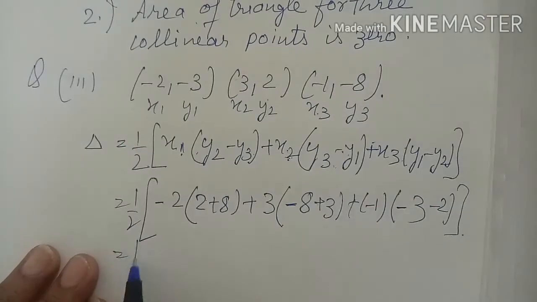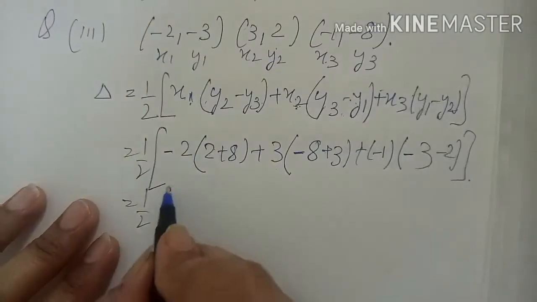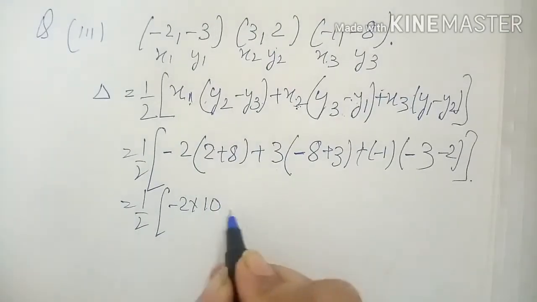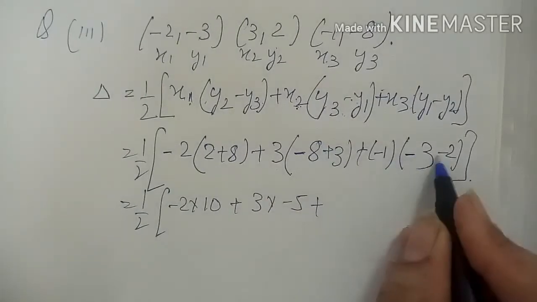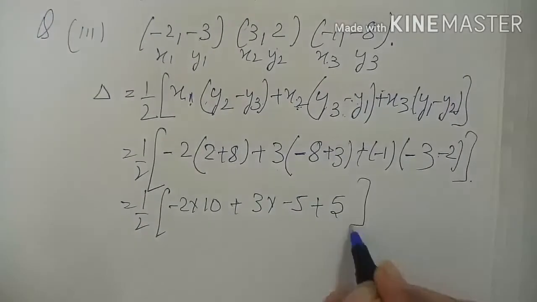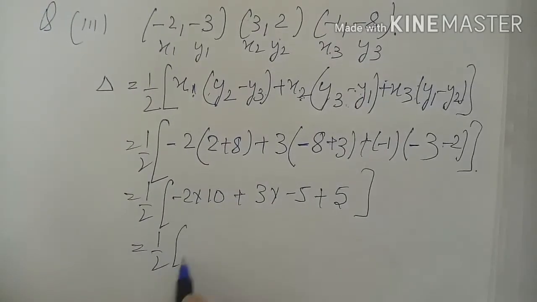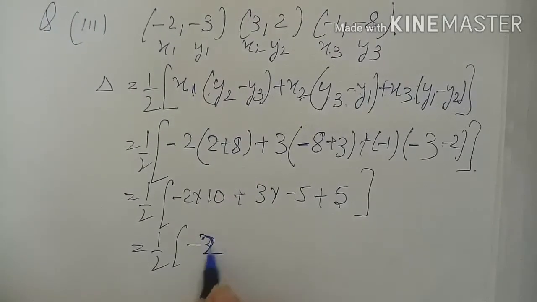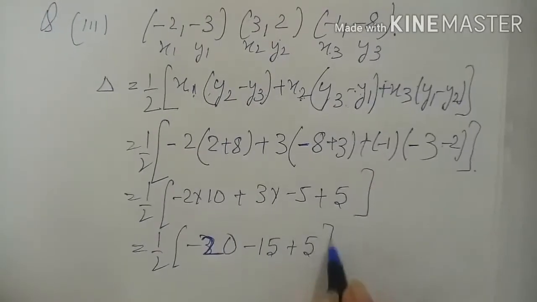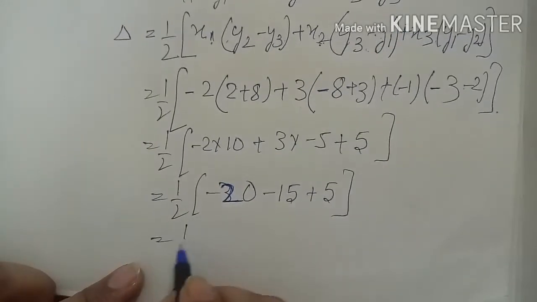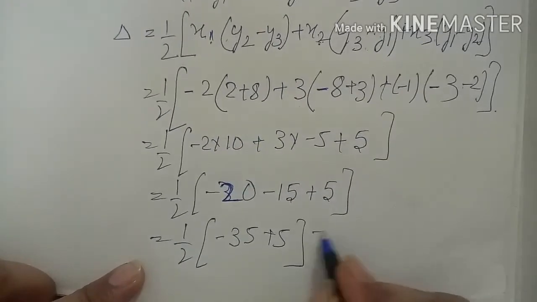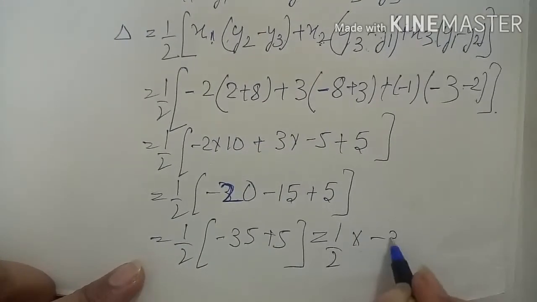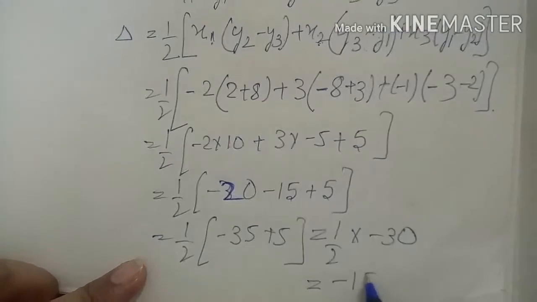Yes, so it will be 1 by 2, then minus 2 into 10 plus 3 into minus 5, then 2 negative signs, so it will be plus, so it will be half, minus 20, sorry, minus 20, then minus 15 plus 5, then it will be half, minus 35 plus 5, it will be half, minus 30, and then minus 15.